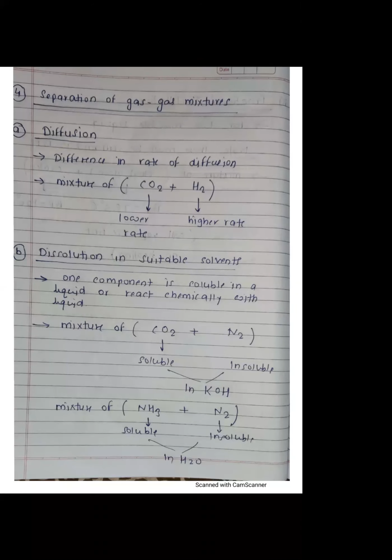If I diffuse the mixture of both gases through somewhere, then H2 will get diffused first and CO2 will get diffused later. Yes, you all will get the recording of this lecture. So in diffusion, there must be a difference in the rate of diffusion.